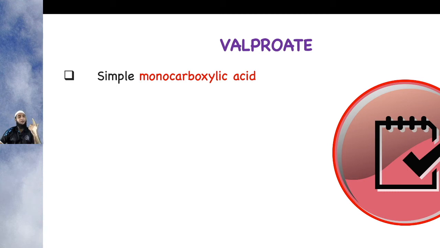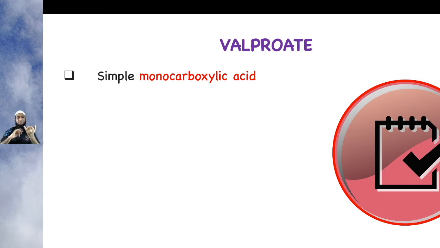Second important point, it is a very strong inducing agent. Although it has an original plasma half-life of 30 hours, when you use carbamazepine repeatedly, its half-life is reduced to 15 hours because it induces its own metabolism through enzyme induction.